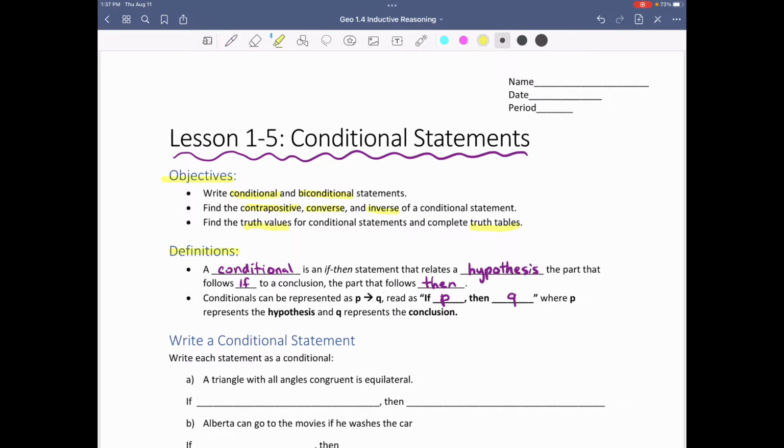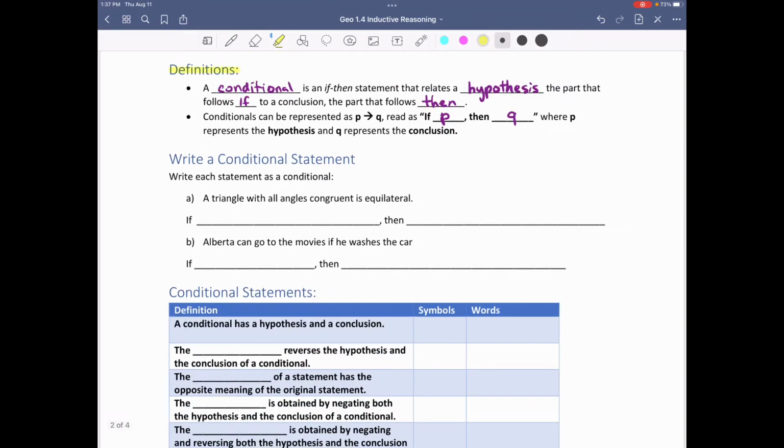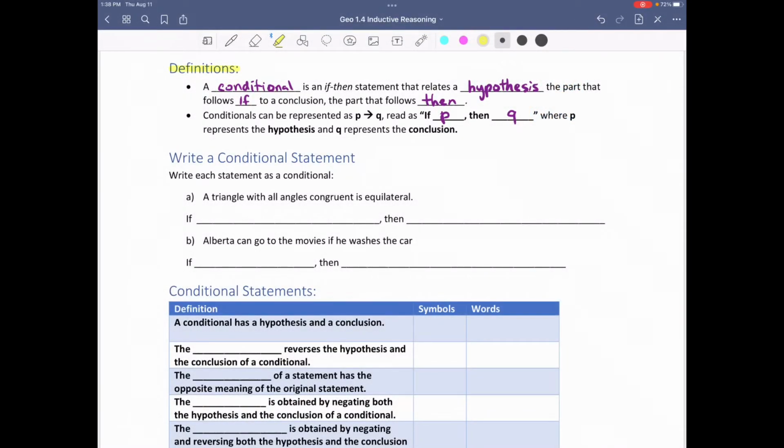Now we're going to do a conditional. And now we'll be writing a conditional statement. Write each statement as conditionals. So for example A, we have here our statement.